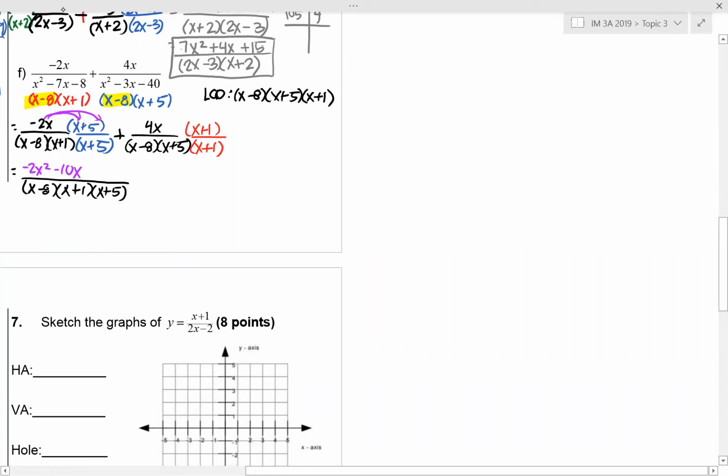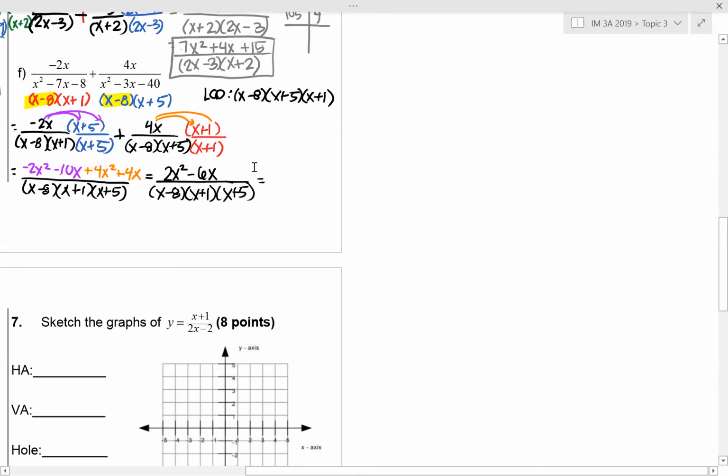And then I can multiply 4x times x plus 1. So that's going to give me 4x squared plus 4x. Which if I combine like terms, 4x squared minus 2x squared is giving us 2x squared. And then negative 10x plus 4x is minus 6x over x minus 8 times x plus 1 times x plus 5.